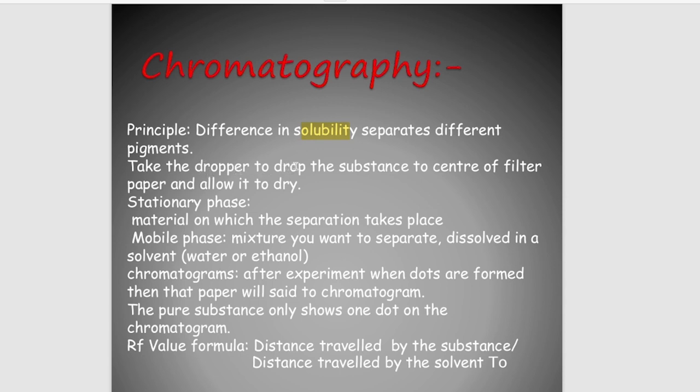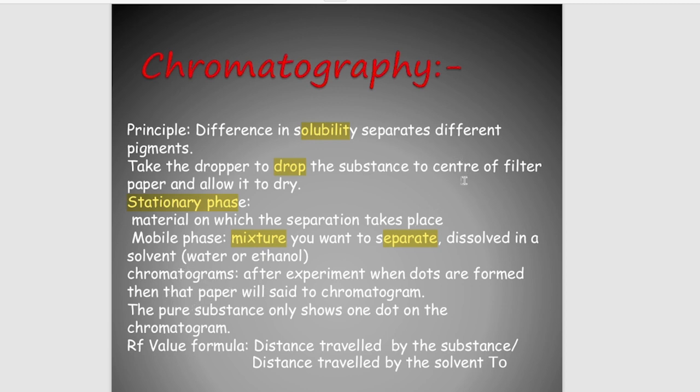So take the dropper to drop the substance at the center of the filter paper and allow it to dry. First of all, we have to drop it using a dropper. Then there is the stationary phase, the material on which the separation takes place. The mobile phase is basically the mixture you want to separate, which we put on the paper, dissolved in the solvent, water or ethanol.